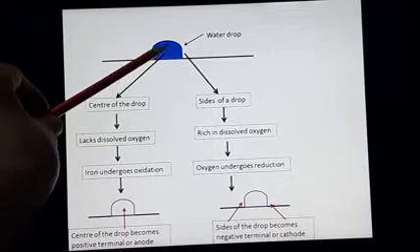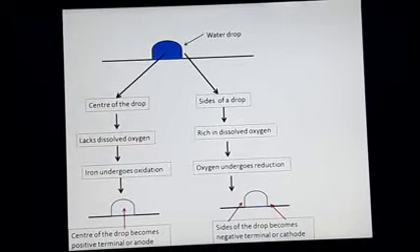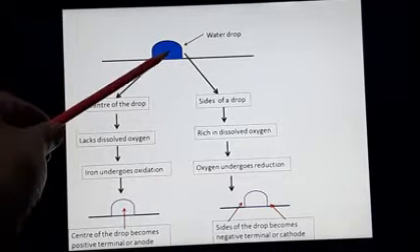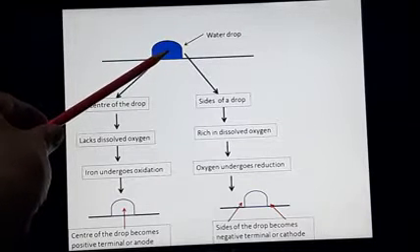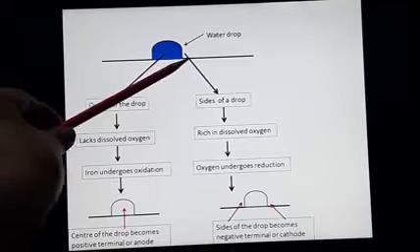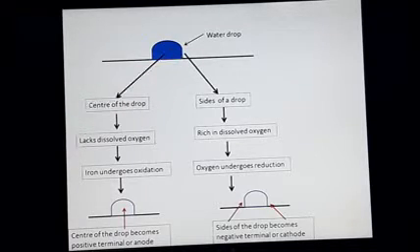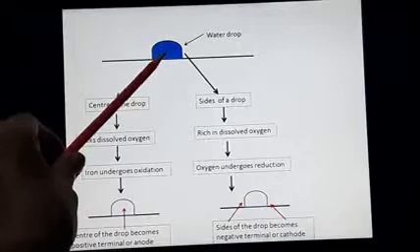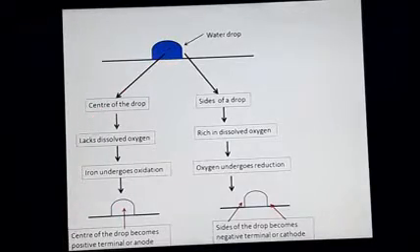Because it has lost electrons, the center of the water drop becomes a positive terminal, because there are fewer electrons now. And those electrons given off by the iron at the center start moving towards the edges. So the center of the drop, I want you to remember, becomes the anode or the positive terminal.